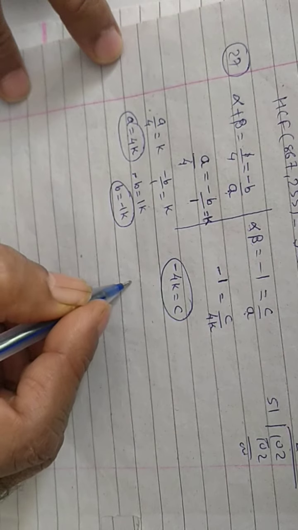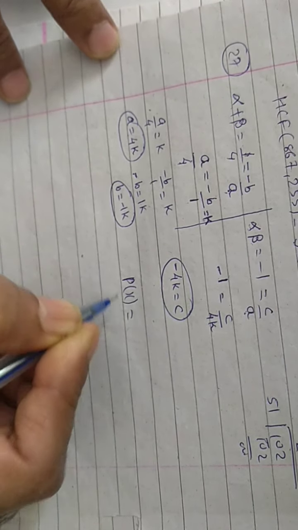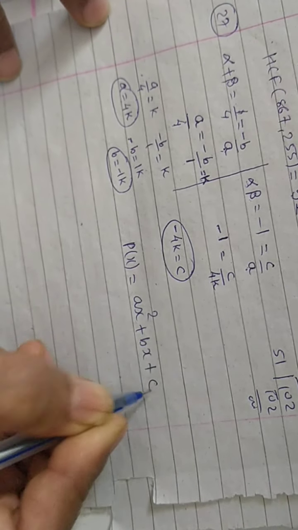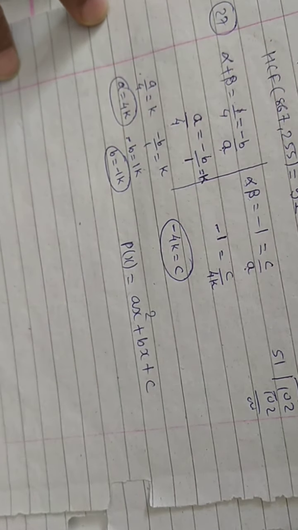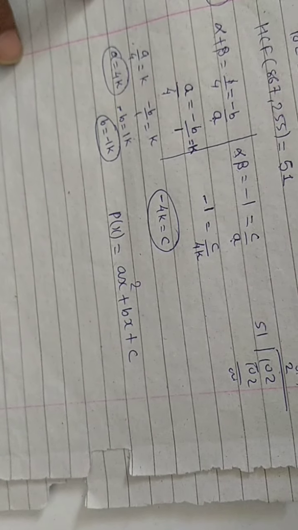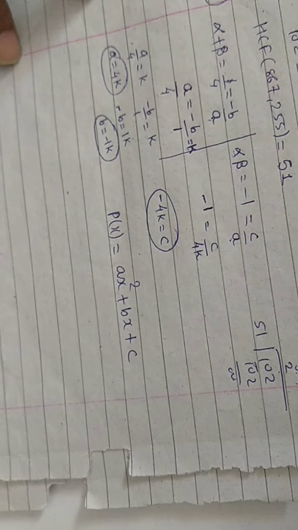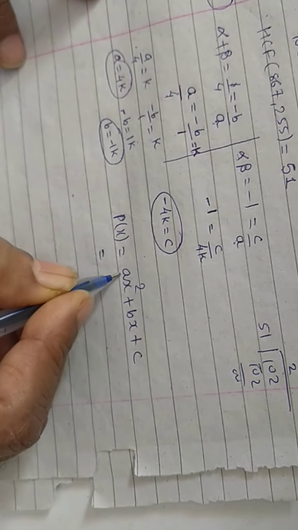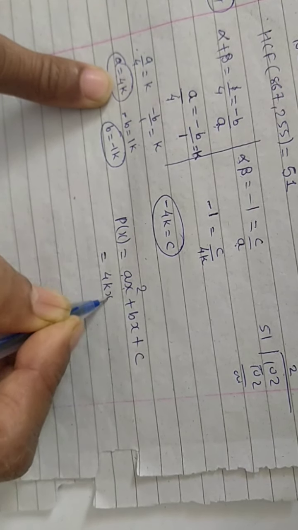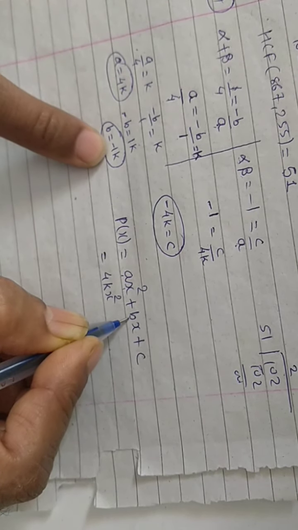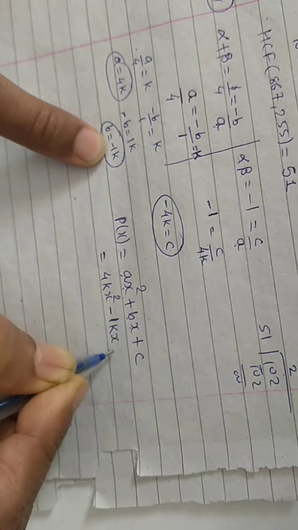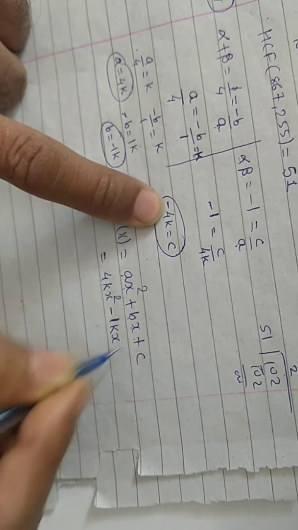Now the standard form of a quadratic polynomial is ax square plus bx plus c. P of x is equal to, now put a equal to 4k x square, b equal to minus 1k x, c equal to minus 4k.